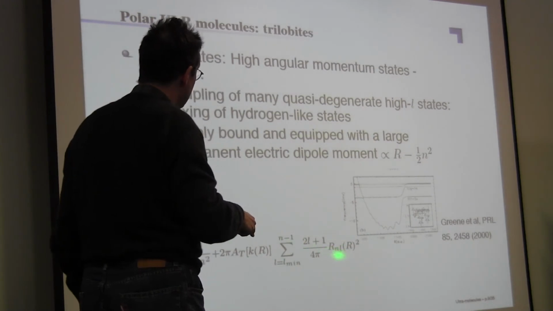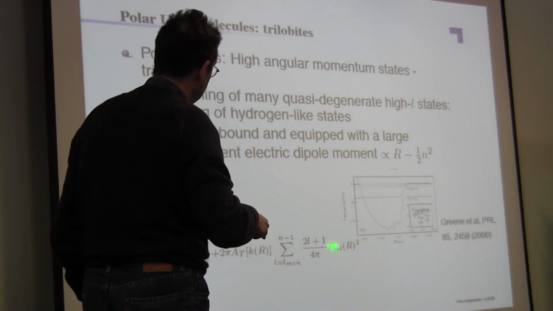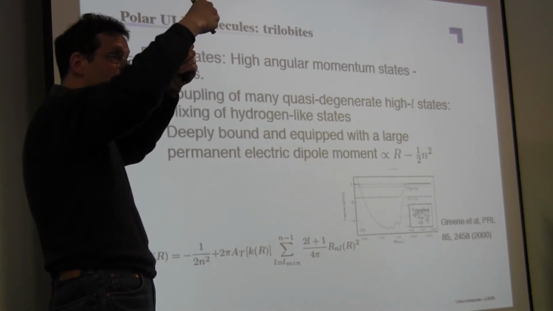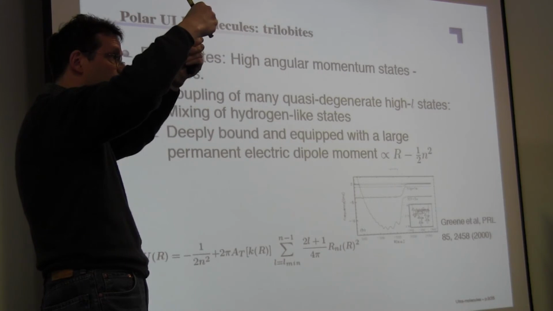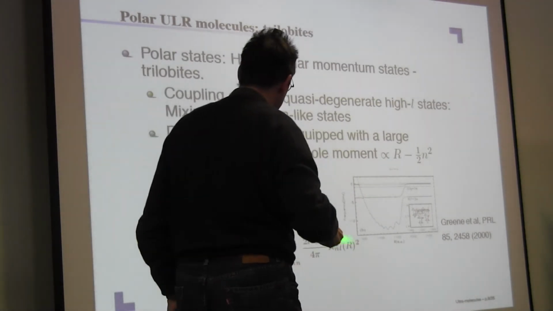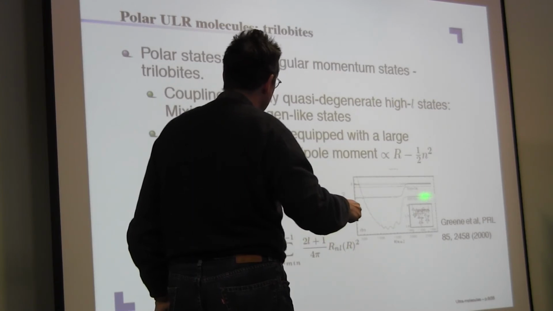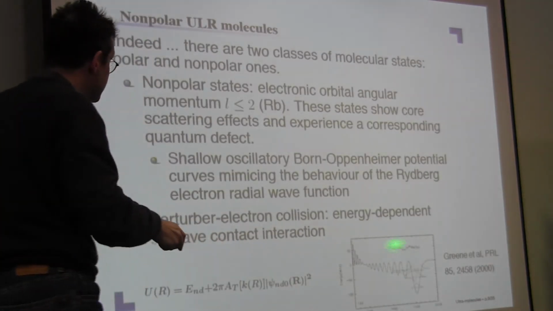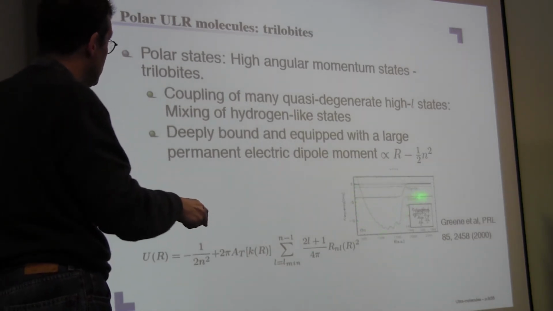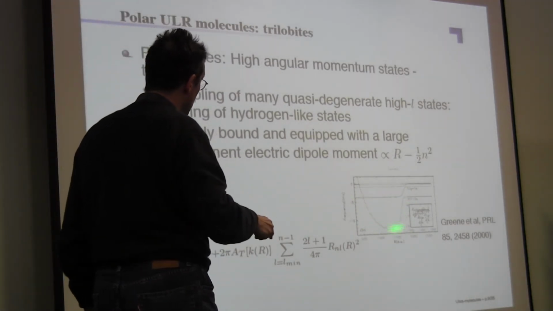So this is the R and L which you're used to from hydrogen, and they now depend on the capital R, which is the position of the perturber with respect to the positively charged core, the internuclear distance. This internuclear distance defines how these potential energy curves look like. And again, similar to this case, we have oscillations, but additionally on top of that we have an overall envelope behavior, for low energies, which gives an additional global minimum in the system.